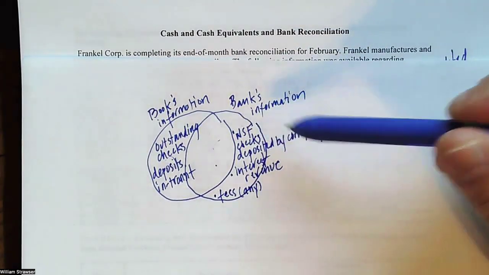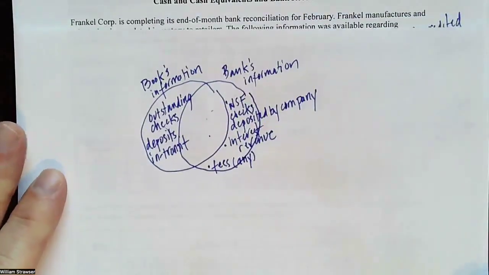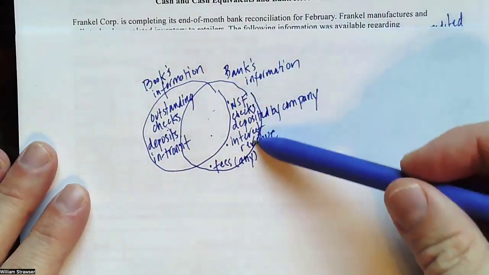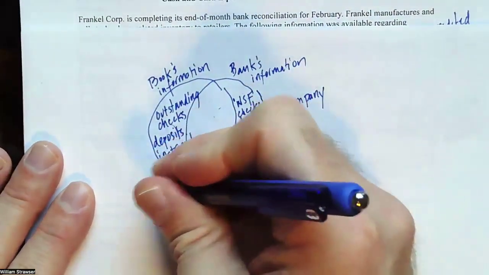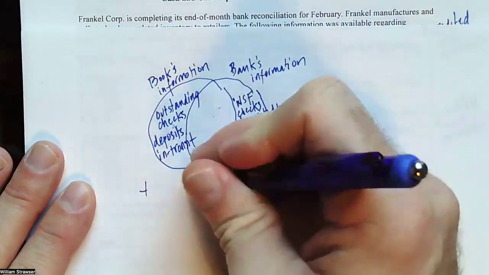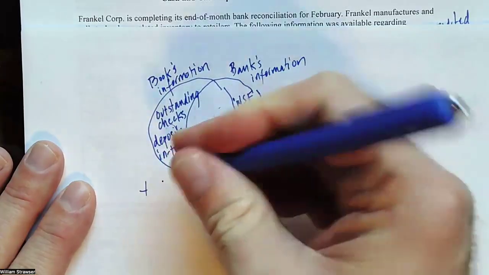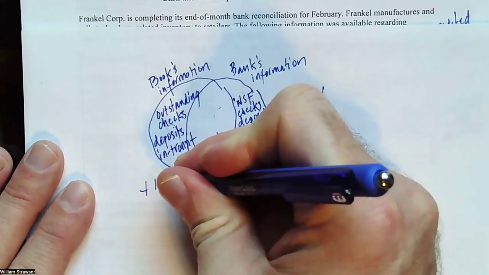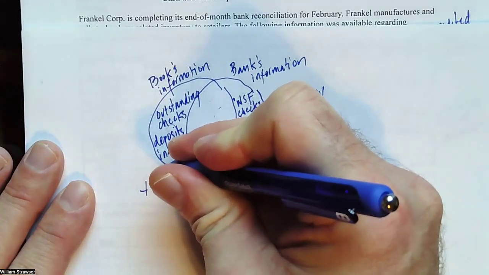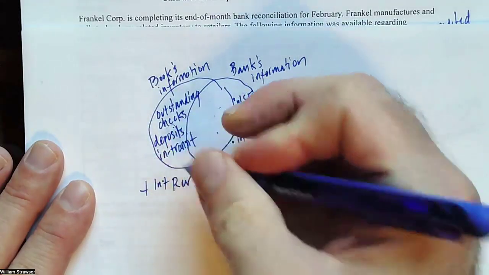The goal of a reconciliation is to add what the bank knows, but the books don't, to the book's information. So we want to add this little half moon circle over here. And we're going to add, of course, any interest revenue to this side of our information set.